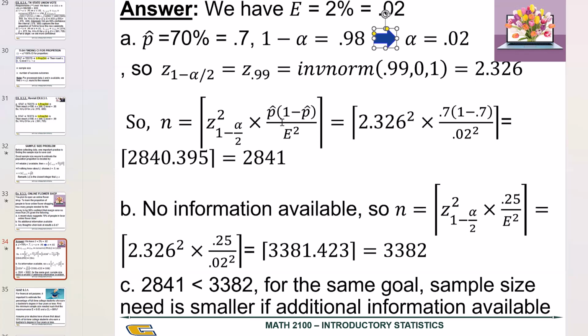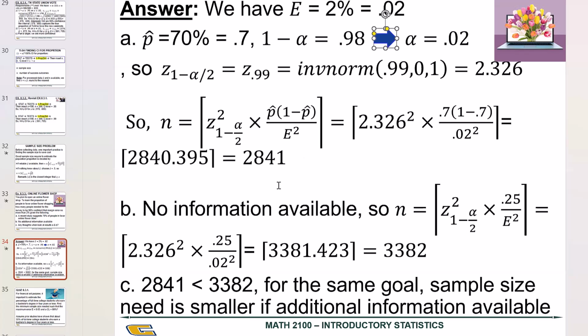Which means your n, you plug in, and you get 2A41. 2A41 is the sample size needed. So you calculate, you get 2A40.395, and you round up a little bit, you get 2A41.